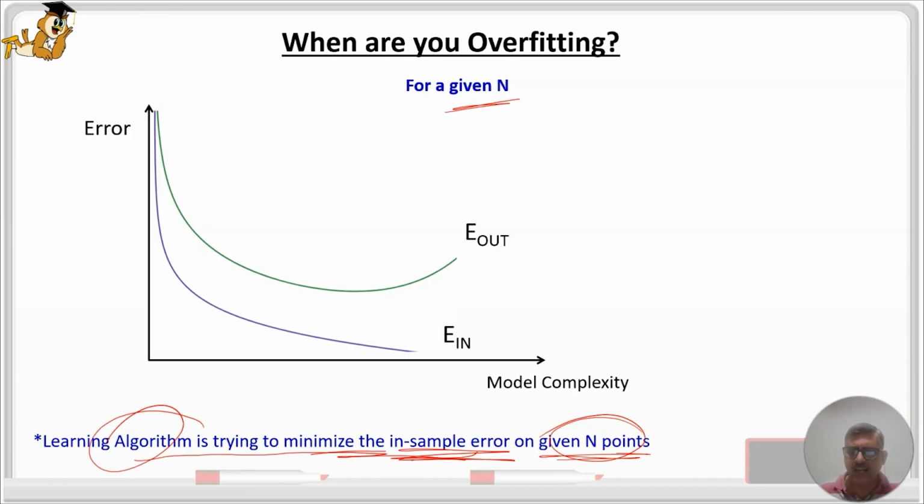I mean, all it has are the training examples. It has a particular training data given to it, and the learning algorithm is doing its job of minimizing the in-sample error, which is why this curve goes down. And when you try to do that, this is the behavior that you see on out of sample data. Beyond a certain model complexity, your Eout is going to start going up again. That is when you overfit.